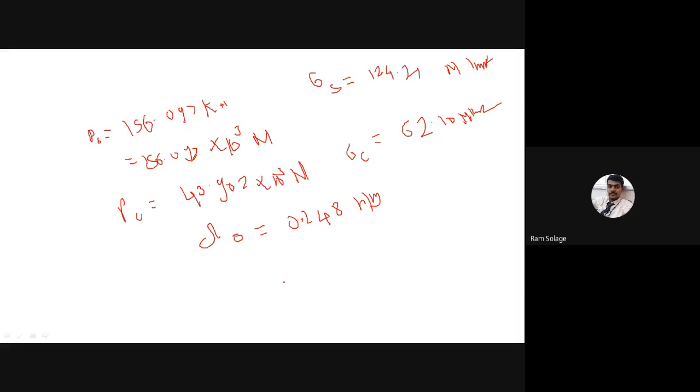rigidly connected at both ends to the inside of a steel tube 50 mm external diameter and 40 mm internal diameter, full stop.